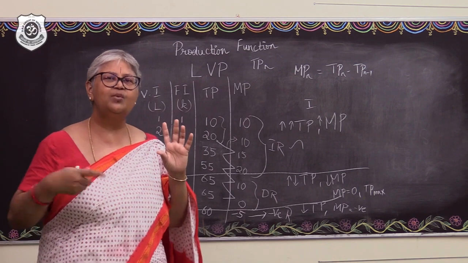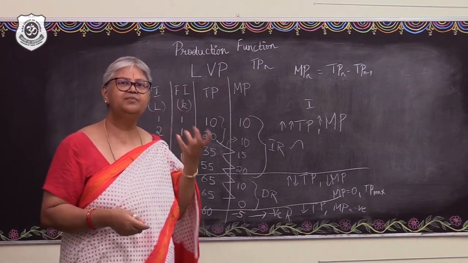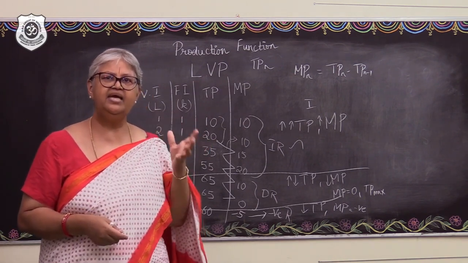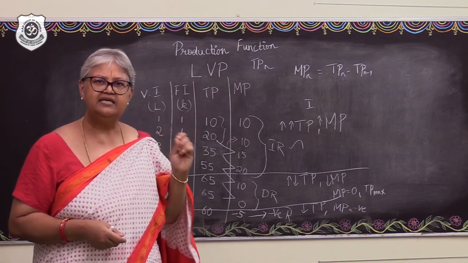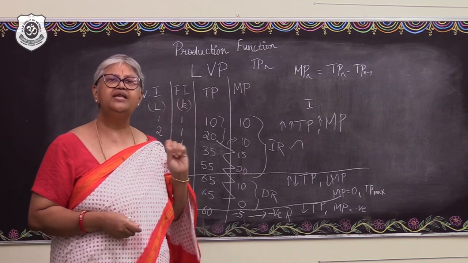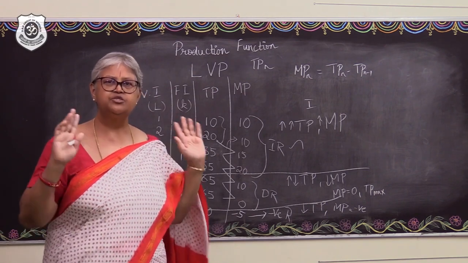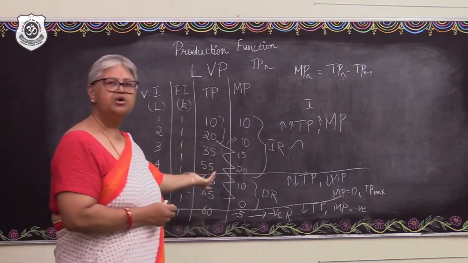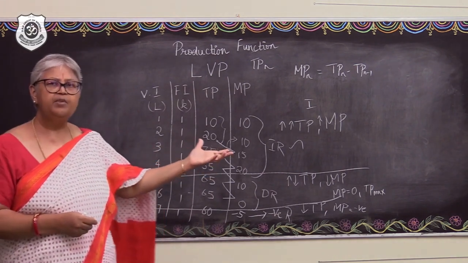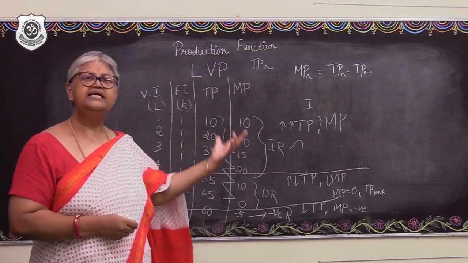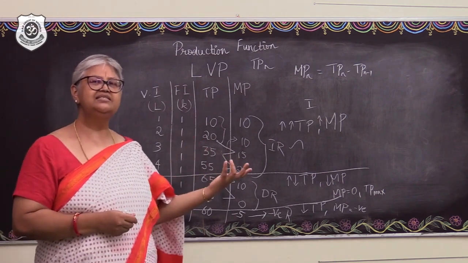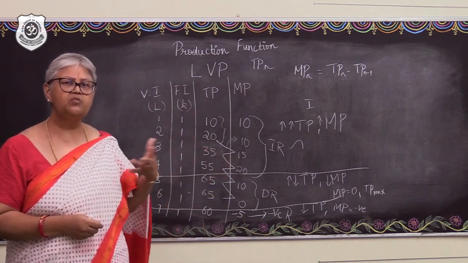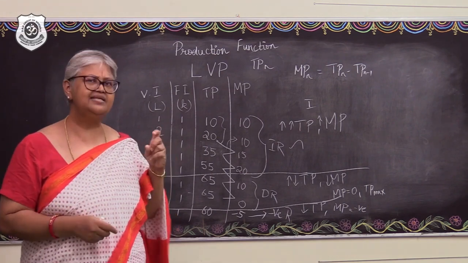Even as more and more variable inputs are going to be hired in the process of production, the MP increases, attains maximum, falls, touches 0, and goes on to the negative quadrant. So, to sum up, this is your law of variable proportions as depicted through a schedule. So, if you want to show this through a diagram, what I would suggest is take up two panels.